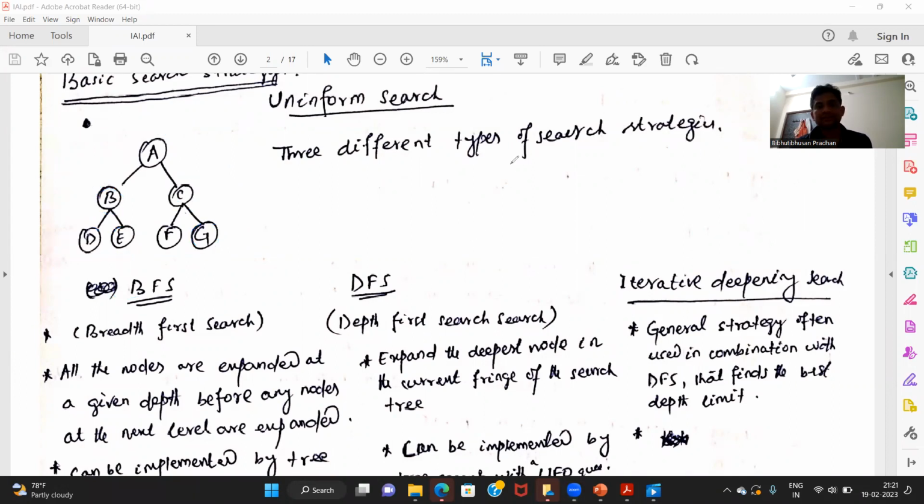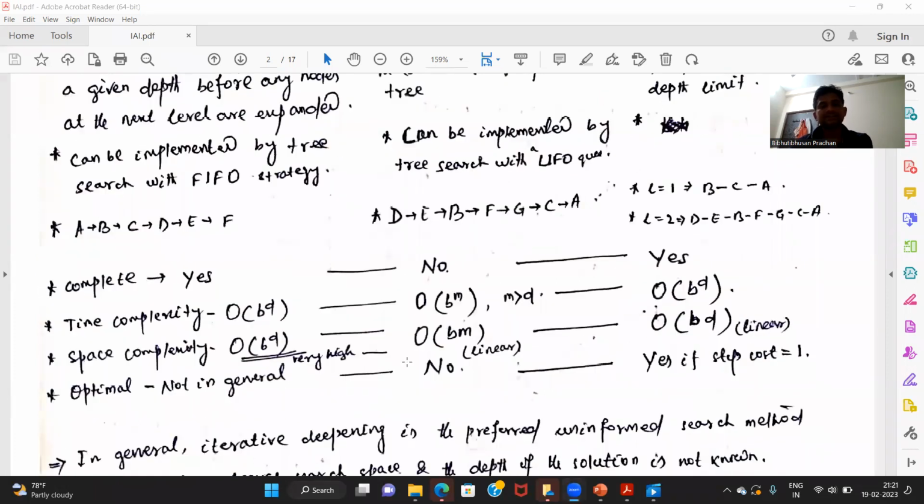Here, what are the other things that we need to consider? Time complexity and space complexity. The time complexity is on the order of b to the power m, where m is greater than d. So it requires more time as compared to breadth first search. Whereas the space complexity is on the order of bm.